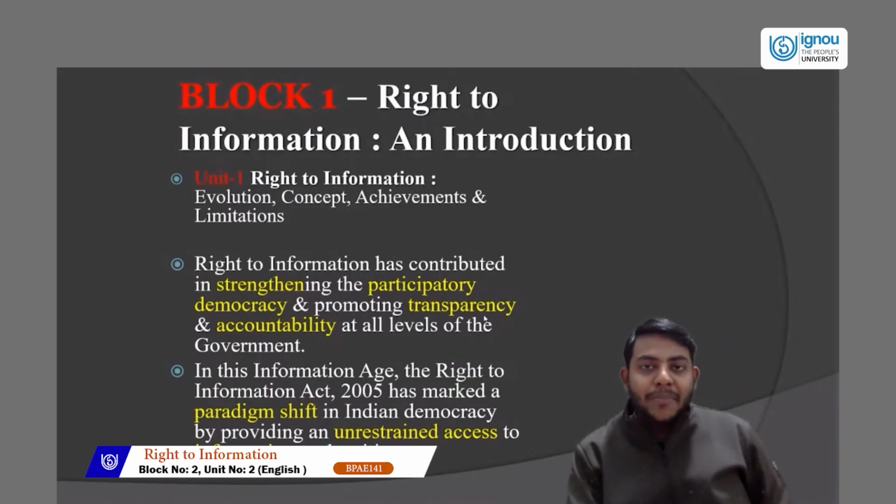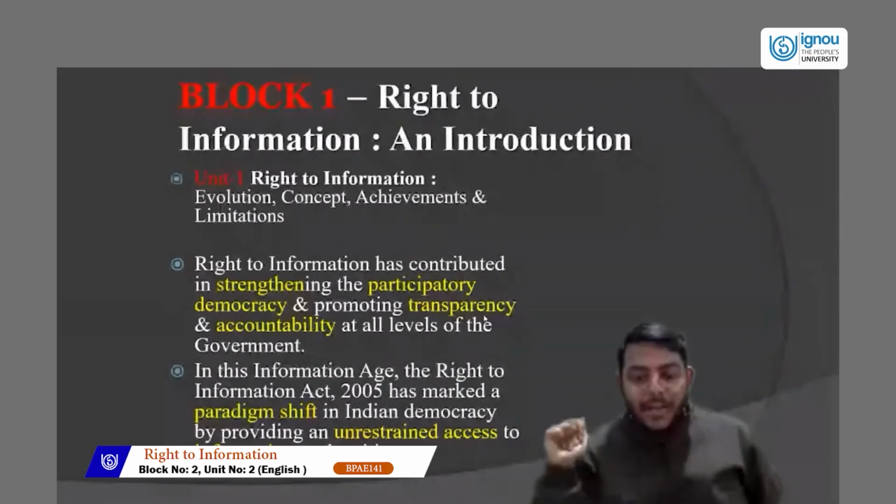The present era is called the information age. The growth of information technology has made access to information much easier for the general population. That is why this age is called the information age. And in this information age, the Right to Information Act of 2005 has marked a paradigm shift in Indian democracy, and it has provided unrestrained access to information to the citizens of India.